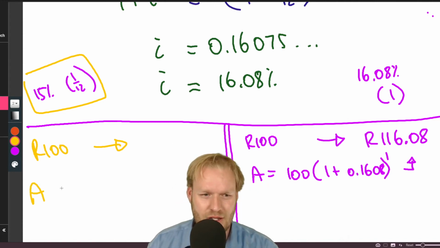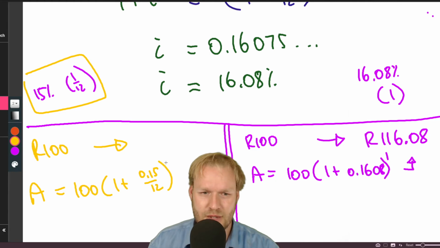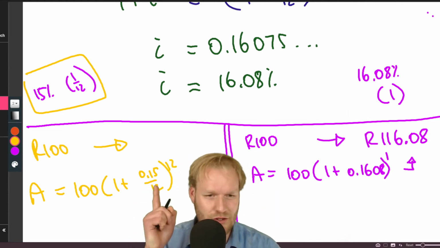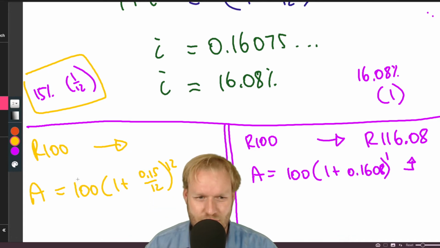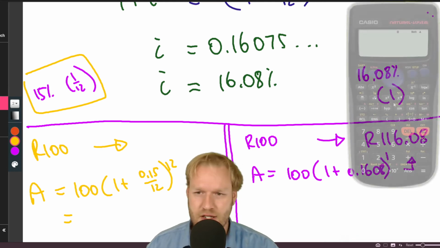Well, A equals P, 100, times 1 plus 15% compounded monthly for 12 months. So that's what we're saying if we invest 100 Rand for 1 year, so for 12 months. So we put that into our calculator.